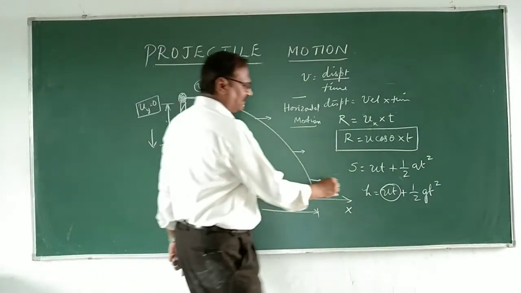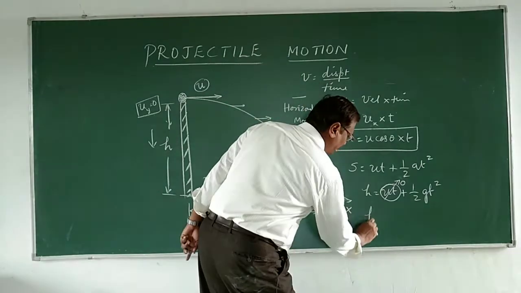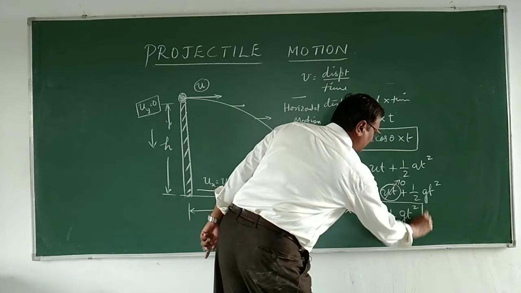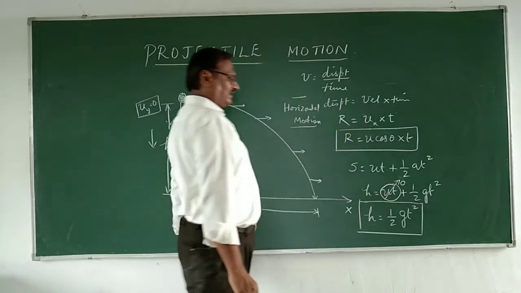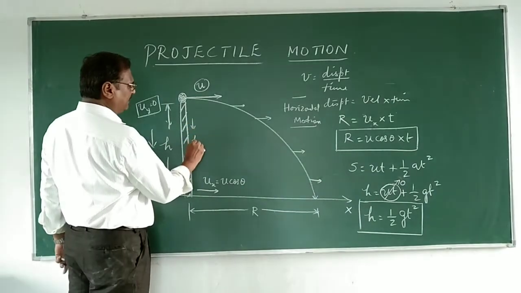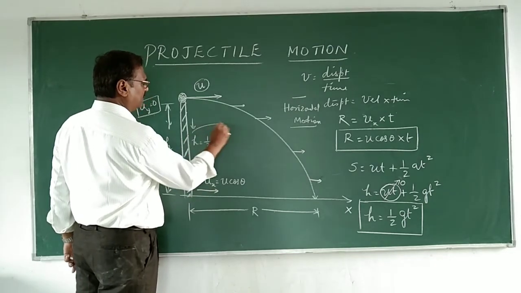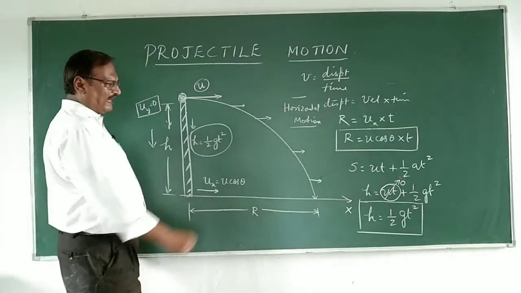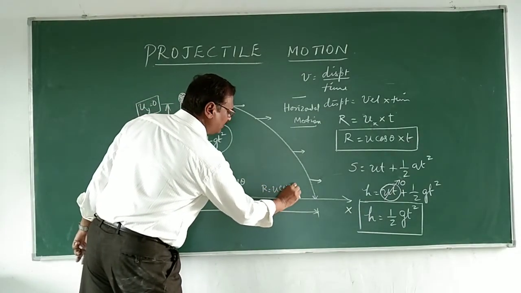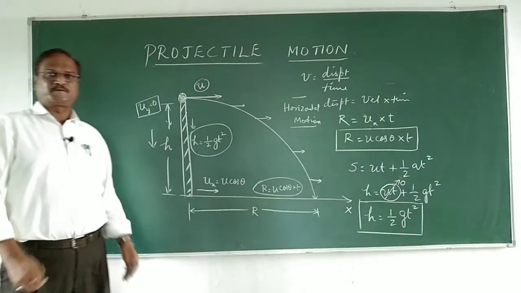So naturally this term will get cancelled. So you have h is equal to half gt square, and this is how you calculate the vertical motion. The range can be calculated using u cos theta multiplied by t, and this is the x component.